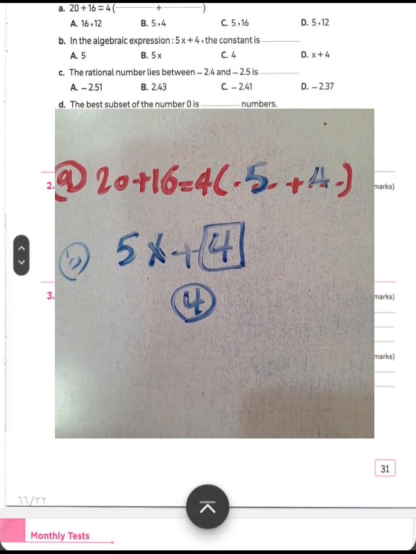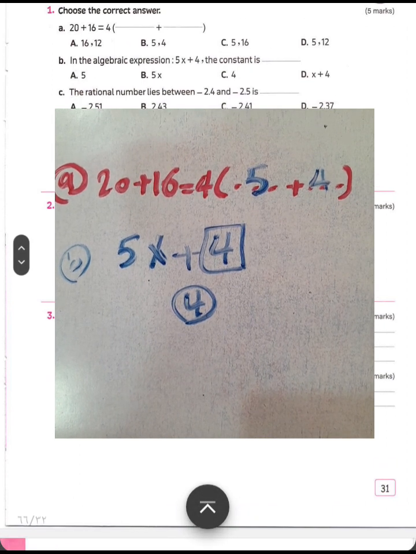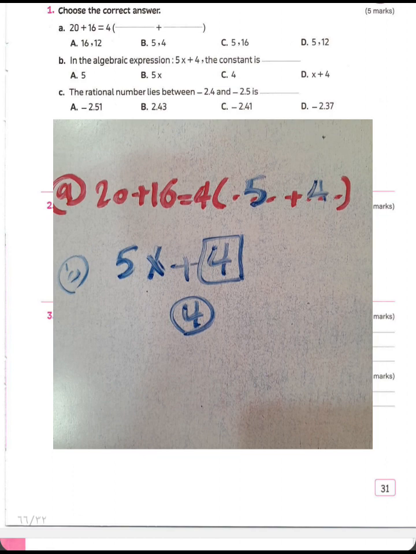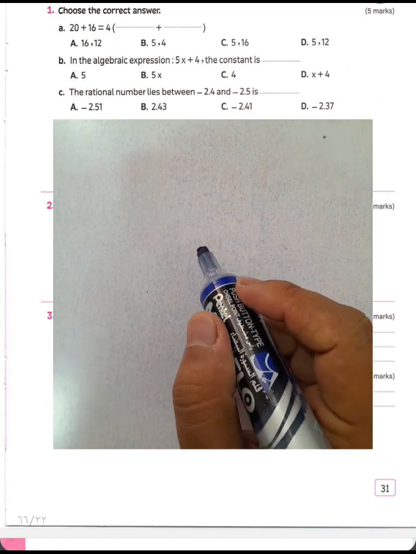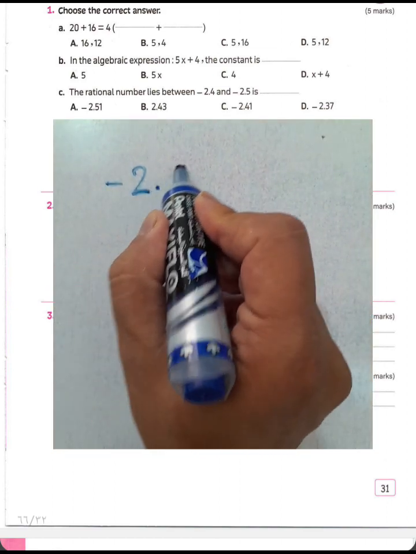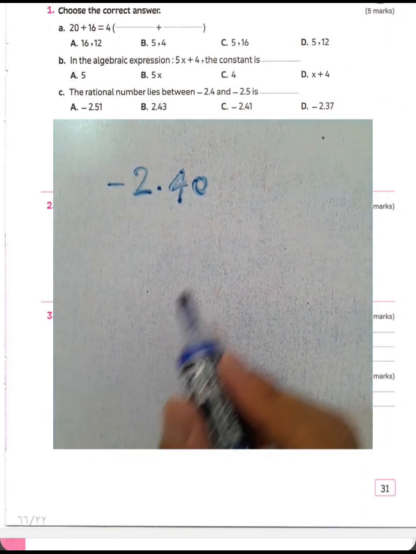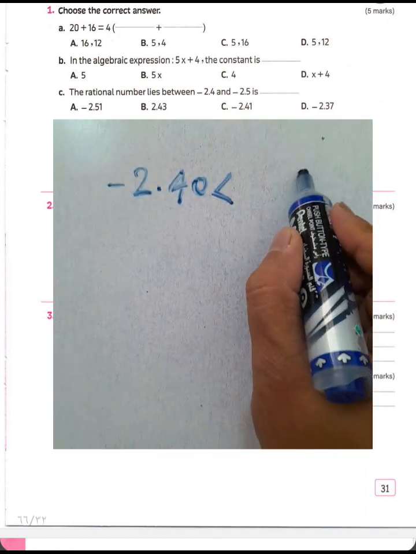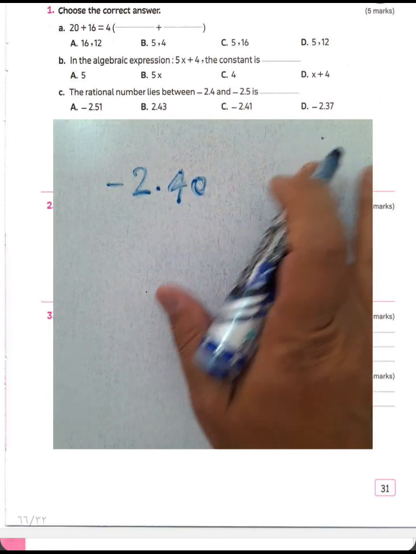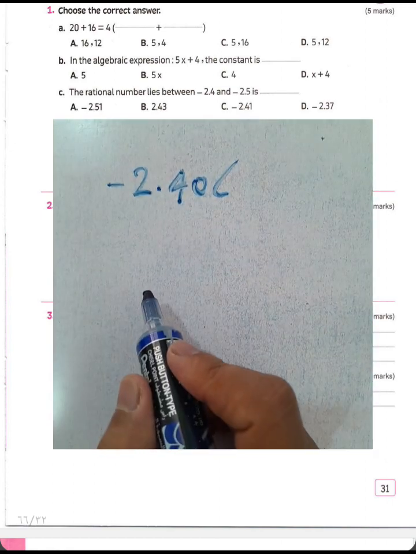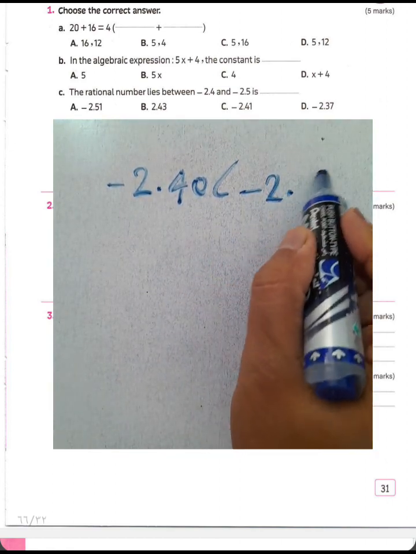Question letter C. Choose the correct answer. The rational number that lies between negative 2.4 and negative 2.5 is. We can find the rational number between two numbers by putting 0 here. The next number is negative 2.5.